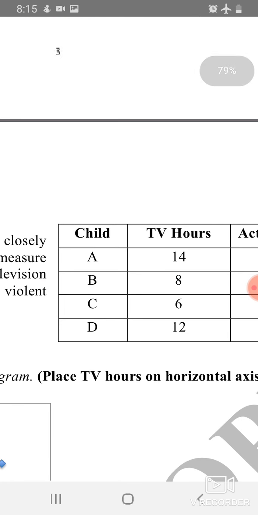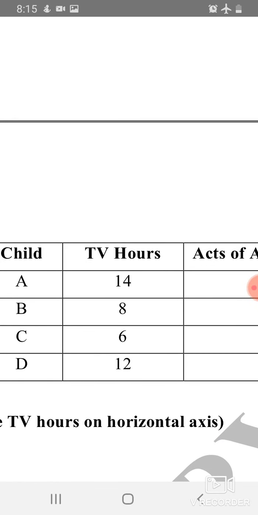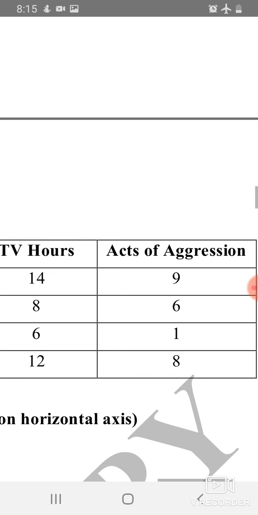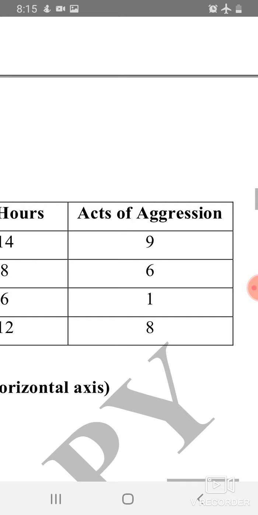4 young children were monitored closely over a period of several weeks to measure how much they watched violent television programs and their amount of violent behavior toward their playmates. All right, you have child A, B, C, and D. The TV hours watching violent television are plotted here, 14, 8, 6, and 12. And the acts of aggression towards their peers are plotted here, 9, 6, 1, and 8.